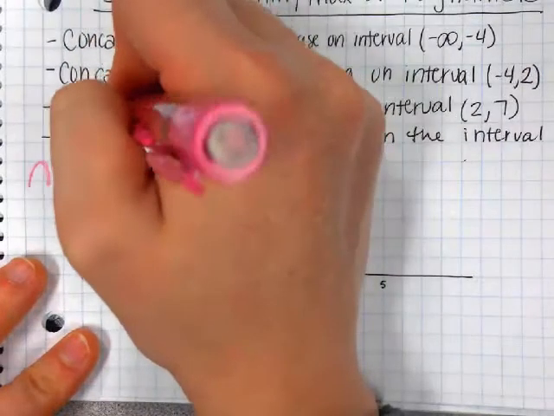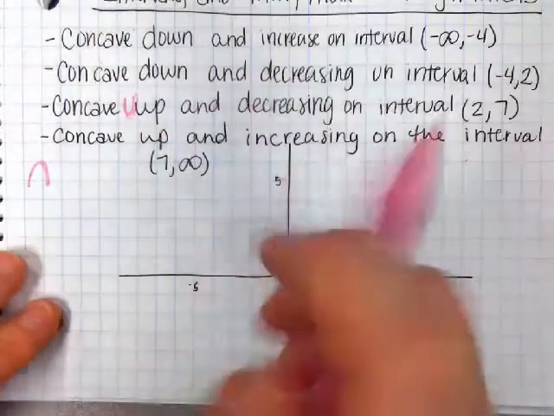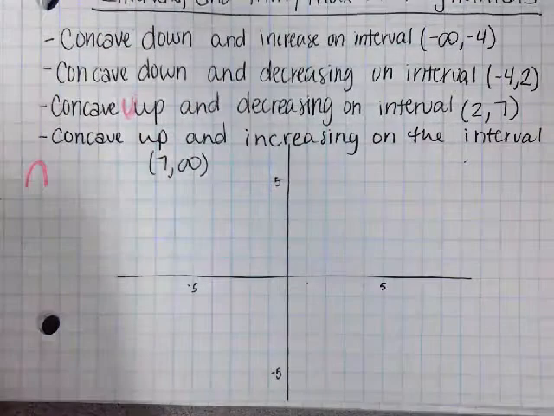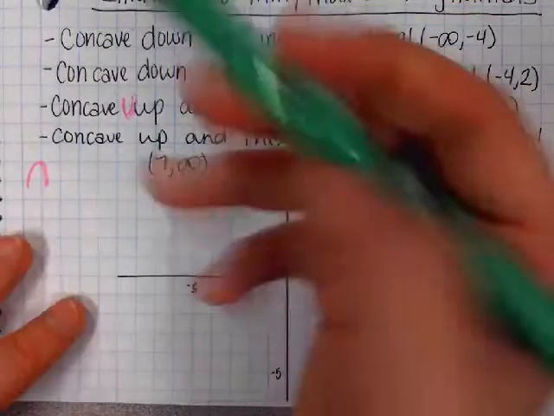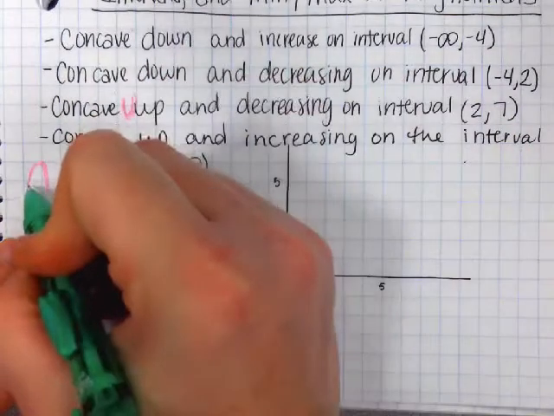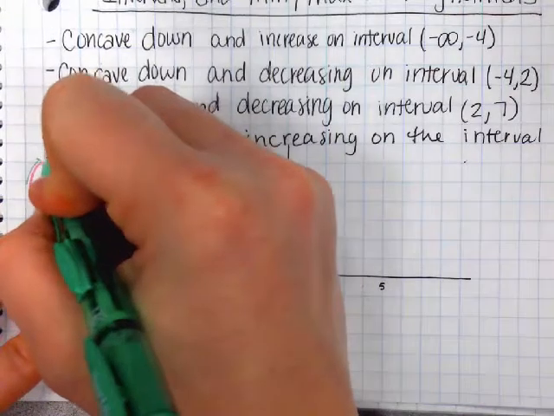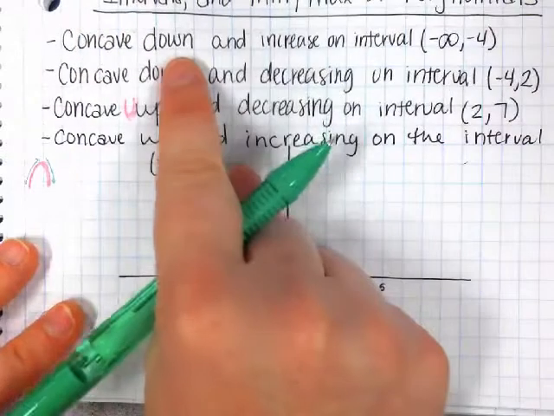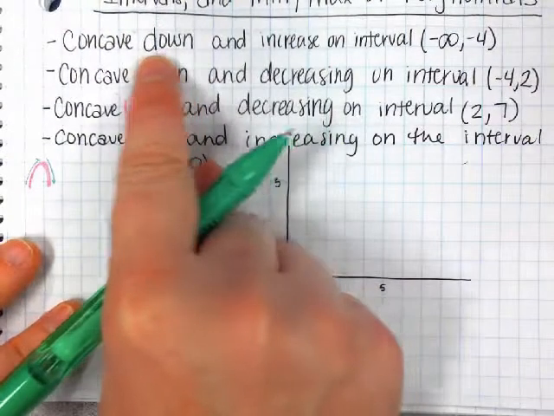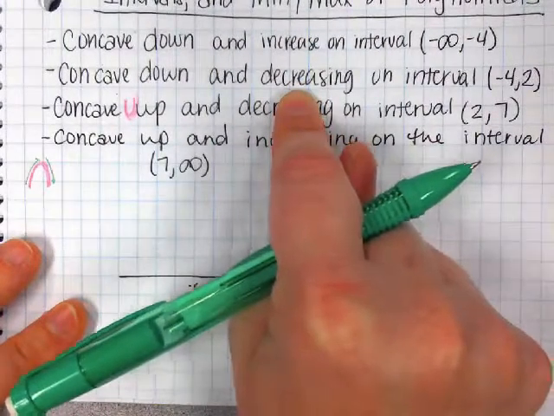So if you look at this concave down, this part is increasing and this part is decreasing. So that's how you can have two parts of concave down, one part being increasing, one part being decreasing.